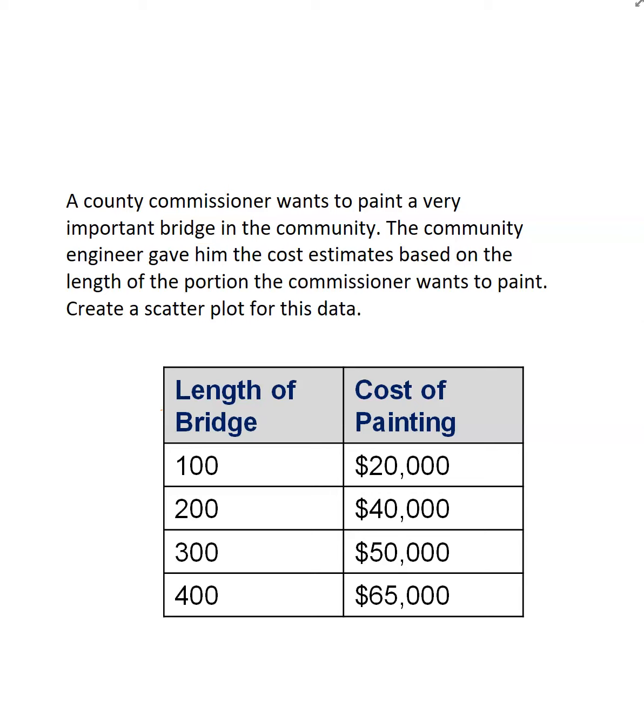The length of the bridge is given to be 100, 200, 300, 400, and the corresponding cost of paint is given to be that. Well, we don't know what the measurement could be, so I'm going to call this feet. And the cost of painting is already given to be in dollars. To paint 100 feet of the bridge, it costs 20,000. To paint 200 feet of the bridge, it costs 40,000, and so on. That's how you understand this.